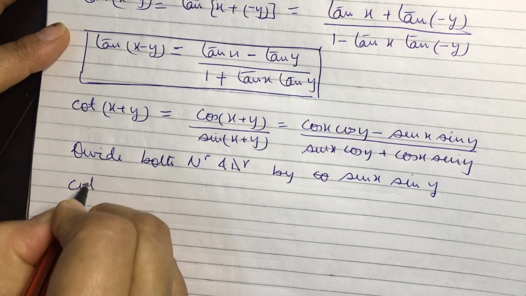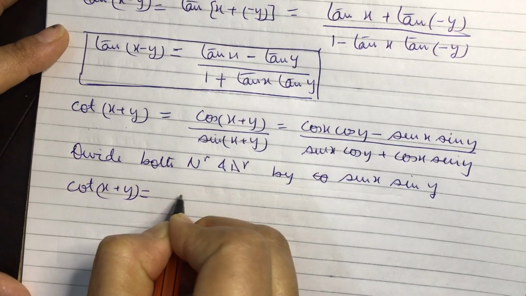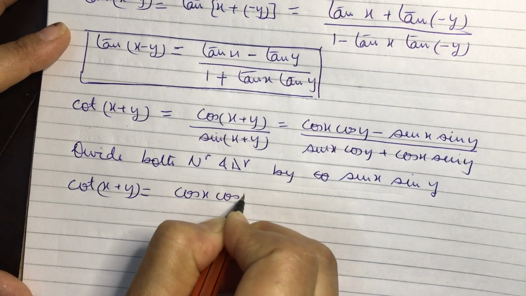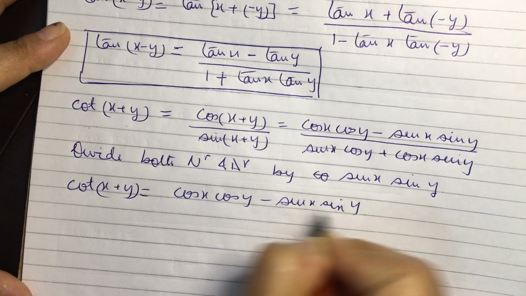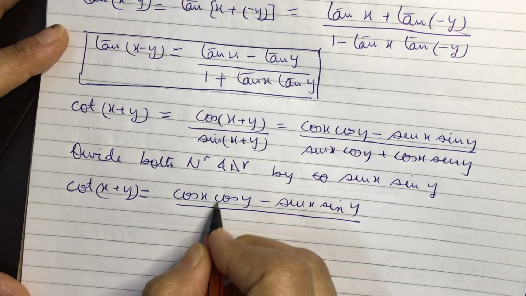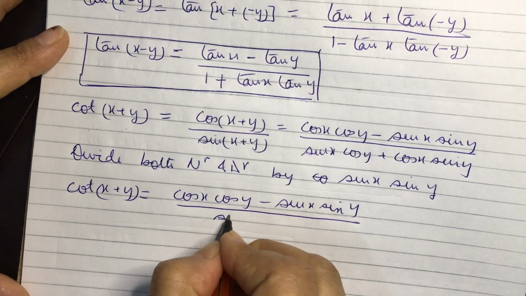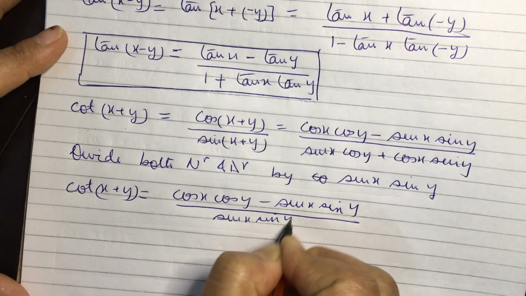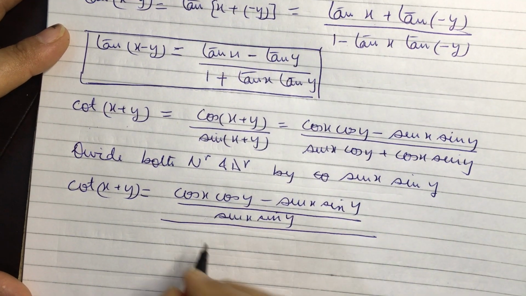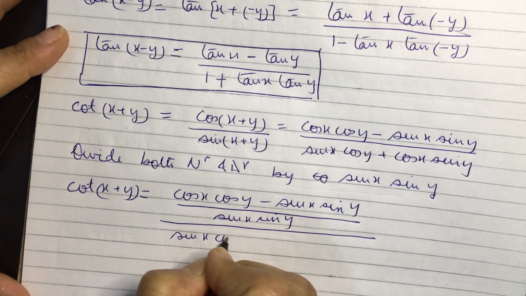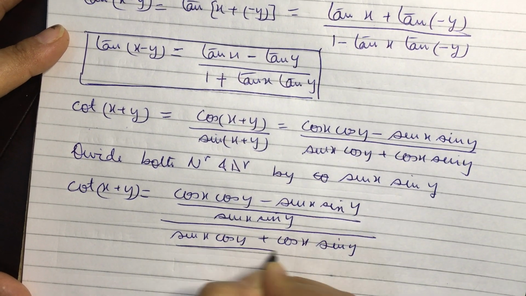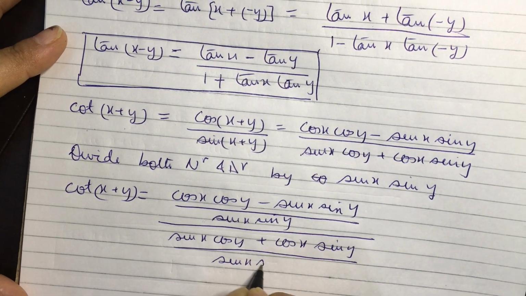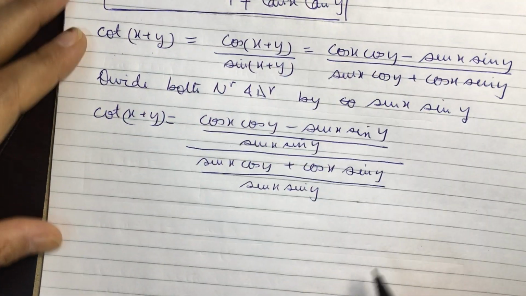So we get cot of x plus y is equal to cos x cos y minus sin x sin y whole upon sin x sin y, and this whole thing upon sin x cos y plus cos x sin y, and again this is also upon sin x sin y.